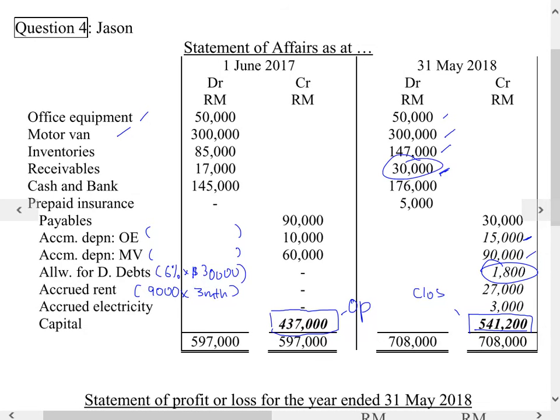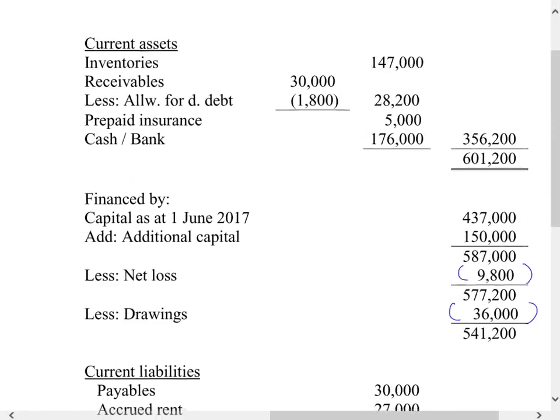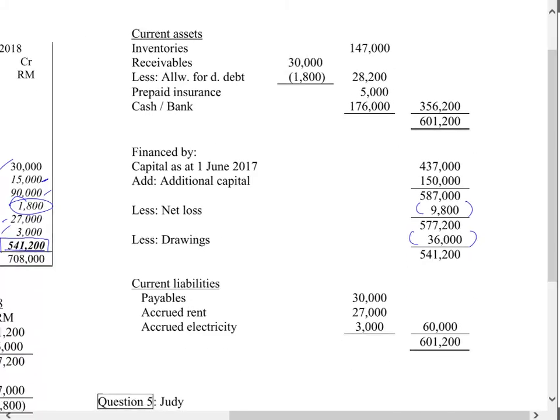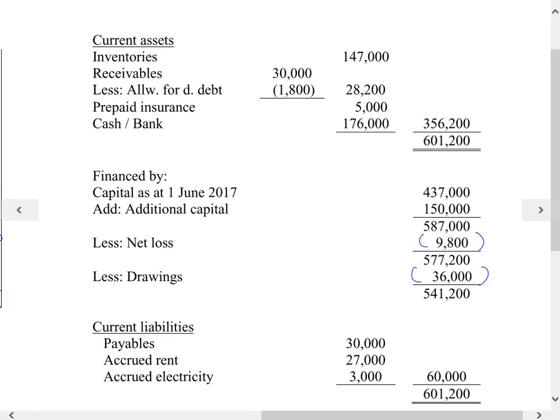And I got two liabilities, payable and accrual. Answer. After my PPE, current asset, financed by liability.